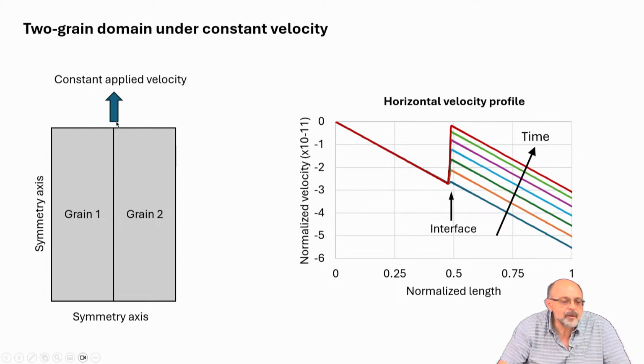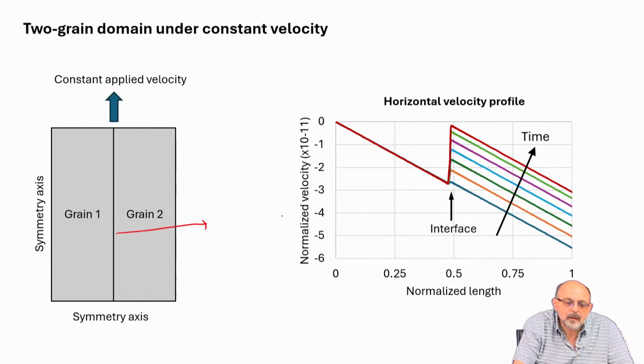Then let's try creep. Two grains under tension. If this is axis 1, this is velocity v1. So this velocity will have to have a jump right here.